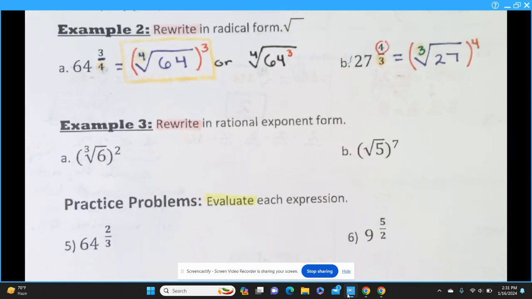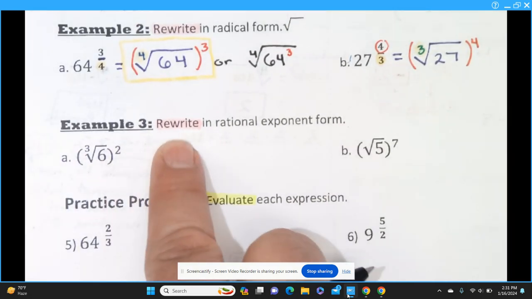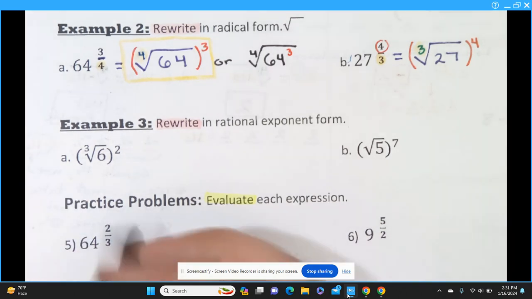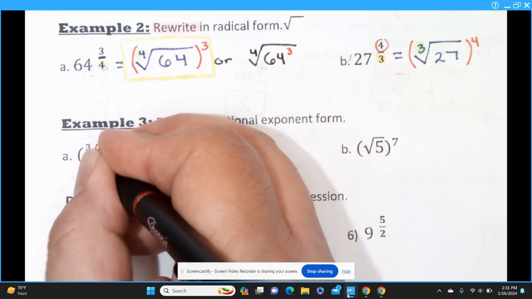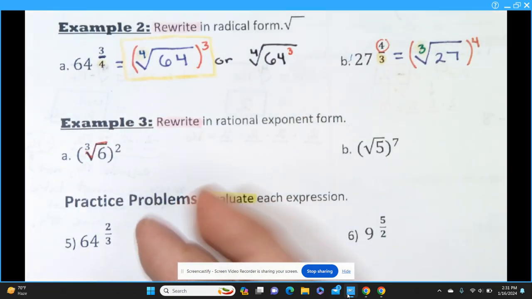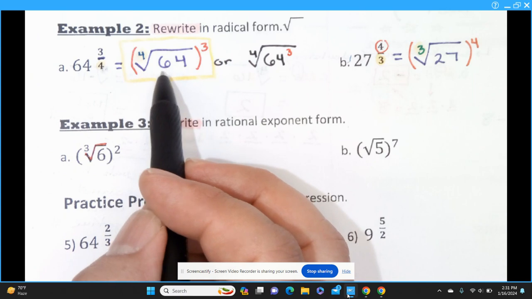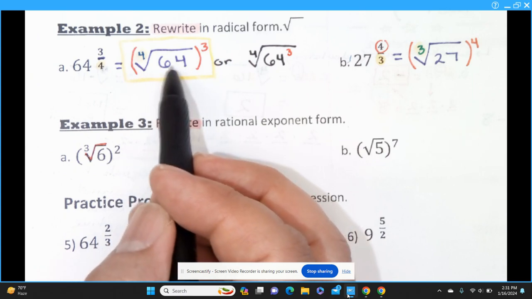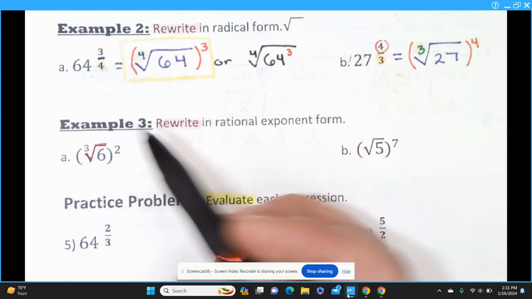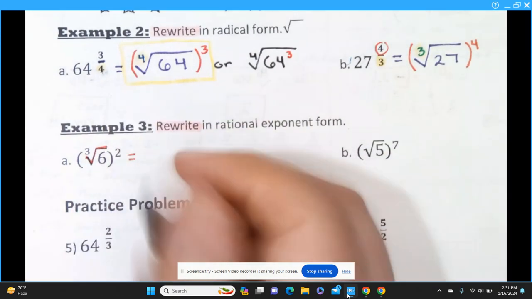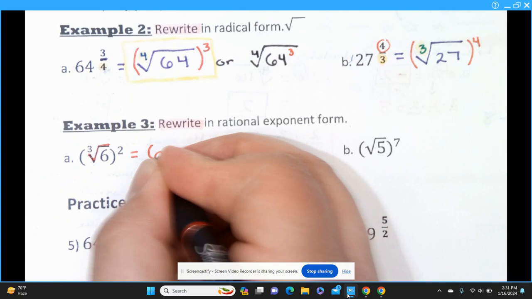Okay. So look at number 3. It says rewrite again, so no calculator. This time, when you look at the problem, though, you say, hey, it already has one of these. Okay, that's good. That means I'm going backwards now. They want me to go from here, like I did with the 64, and go back to a power that's a fraction. So when I look at this, my base is 6. So that's the first thing I write down.